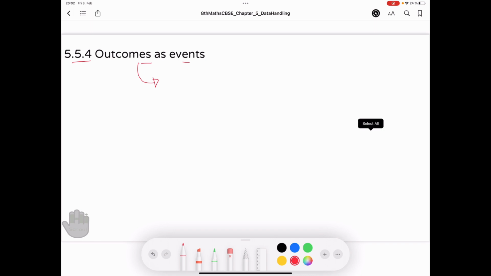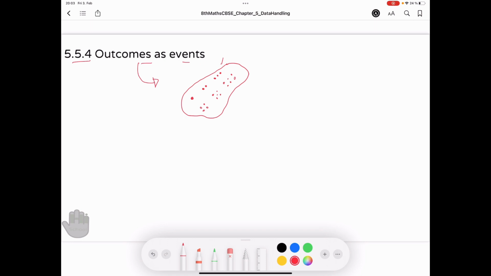For example, when rolling a die, the possible outcomes are a side with 1 dot, 2 dots, 3 dots, 4 dots, 5 dots, or 6 dots. So the number of possible outcomes from a die roll is 6.